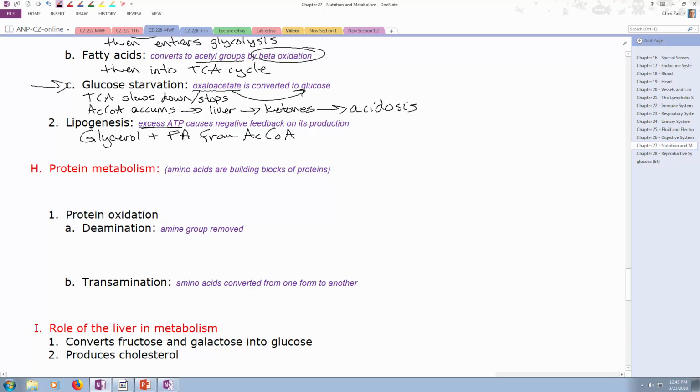Because if we're having negative feedback, everything is building up backwards from there. But this will, in the presence of glycerol, the fatty acids will form from acetyl-CoA, and we'll get our lovely TG, our triglyceride, which we know is what our little fat cells love to actually hold inside their little homes.